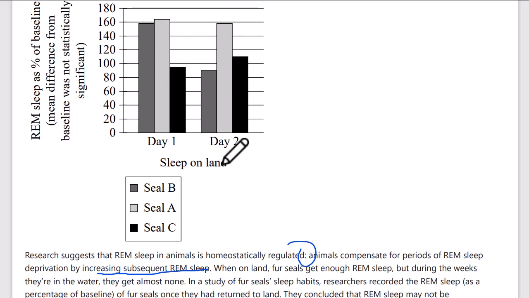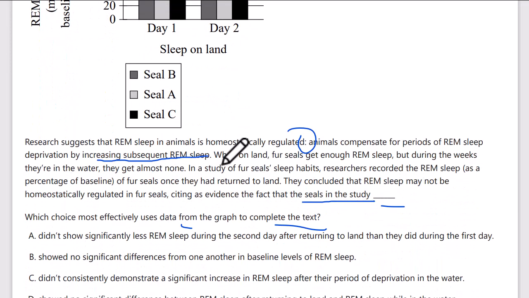Yeah, I mean, they get some extra sleep, but I guess we would say the fact that the seals in the study don't all exceed baseline. So one would think on the first 2 days back, if they're away from the water in a while, they'd be shooting over the baseline, all of them, on each of the days.